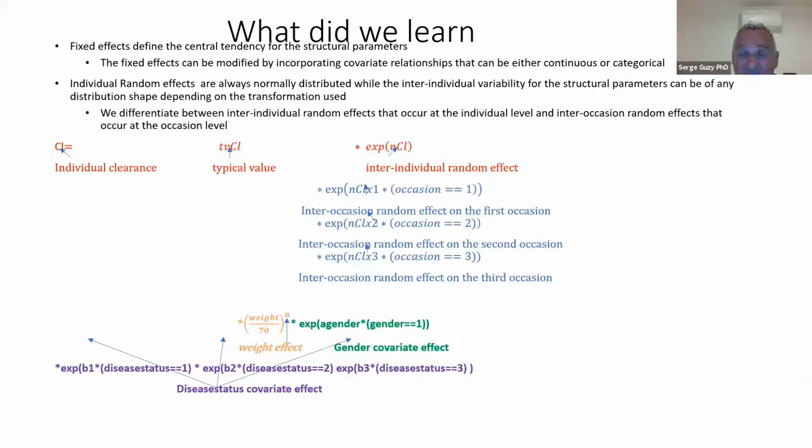This is a fixed effect because you can pinpoint and tell why the clearance change. When you don't know why the clearance change, it's called the random effect, and then you should imply basically the intra-subject, inter-occasion variability. Now the next question is to say, how can I differentiate between both, right?